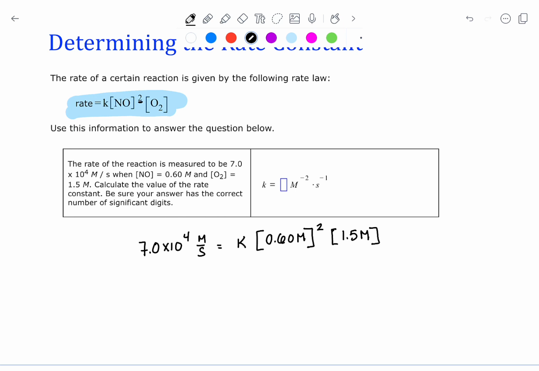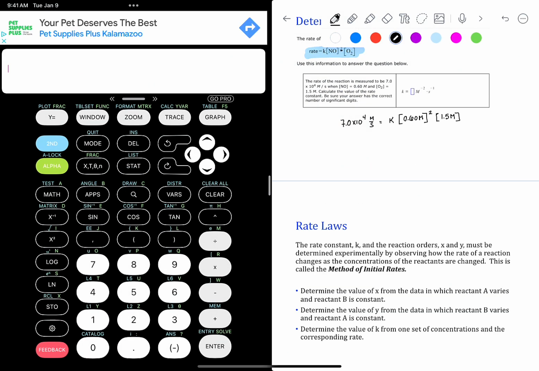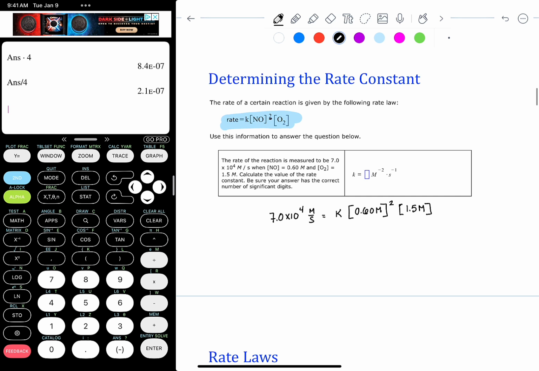So now it just becomes solving for K, just doing some algebra. So let's grab our calculators so we can do this calculation together. Again, I personally like to simplify both sides first, so I'll take that 0.60 and I'll square it, and I'll multiply that by 1.5.